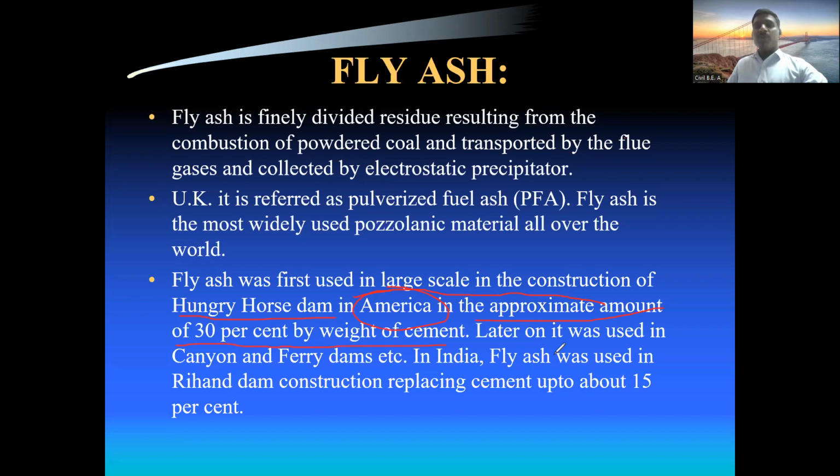Are you thinking about how much the cost will be reduced? We can reduce the cement cost by 30%. That is why we are using PPC cement nowadays, which is a fly ash based cement.